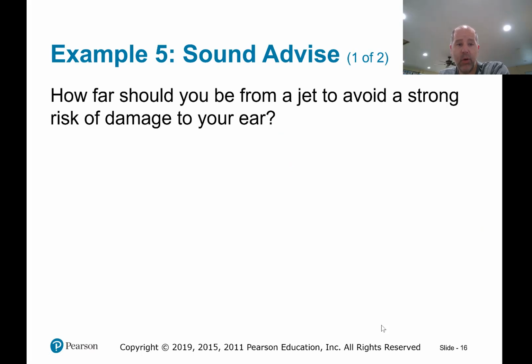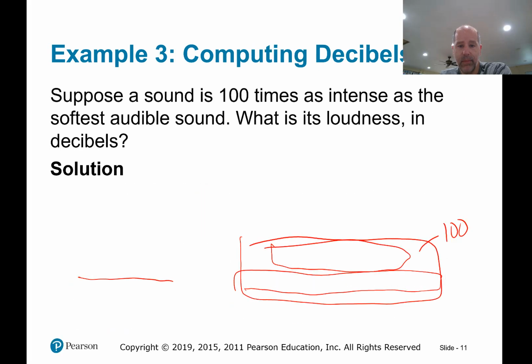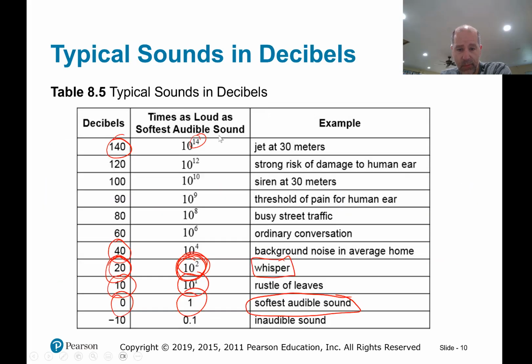All right, so now how far should you be from a jet to avoid a strong risk of damage to your ear? Well, let's look at the chart. Here, strong risk of damage to the ear is 120 decibels, and a jet at 30 meters is 140 decibels.